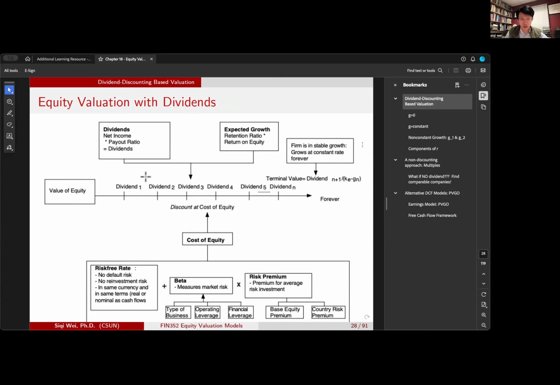The dividends are driven by firms' dividend payout policies. So you can grab those accounting numbers from the financial statements to see how much the firms are going to pay out of their earnings, the net income. The dividend is nothing more than the product of net income and the payout ratio. That's how you derive the dividend.